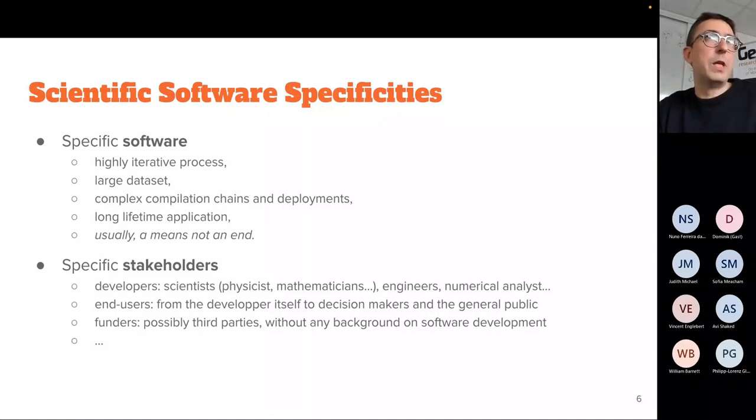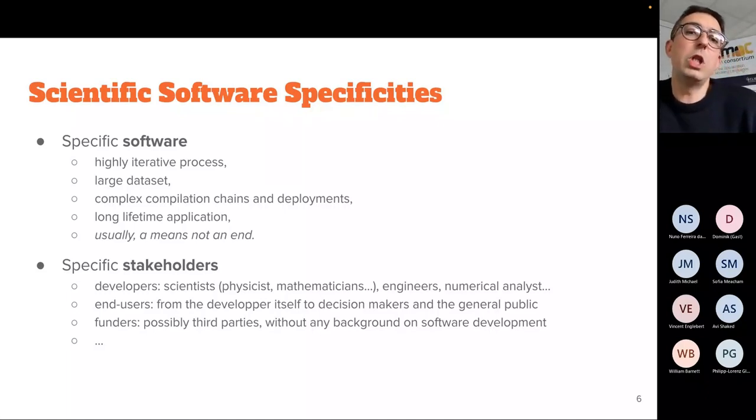The lifetime of the application can be, in some situations, very long. And when we build these very complex models, we are maintaining these models over decades. So the lifetime can be very long. And last but not least, one of the specificities of this software is that the software is usually a means and not an end per se.